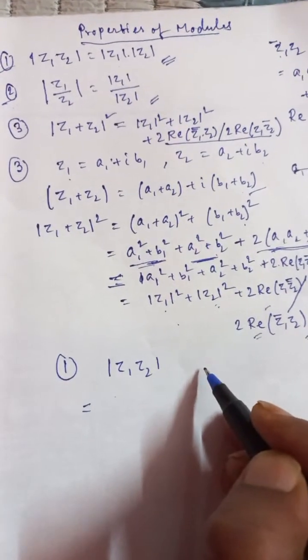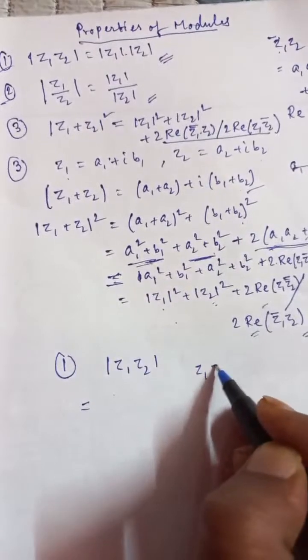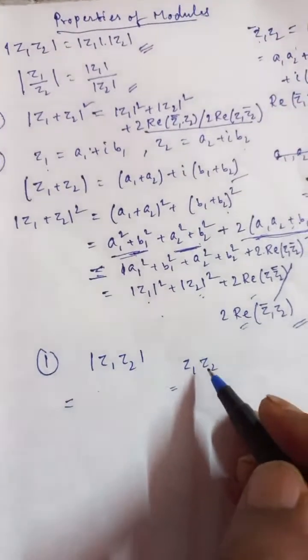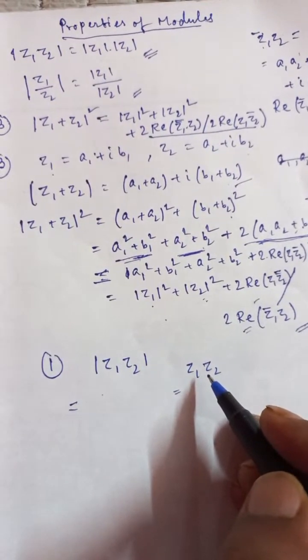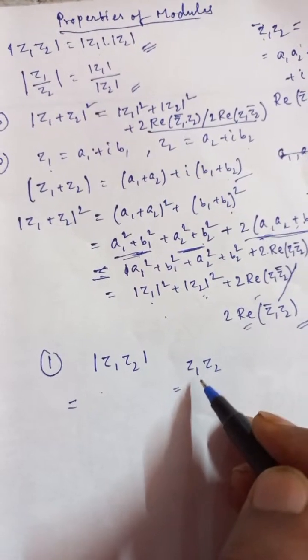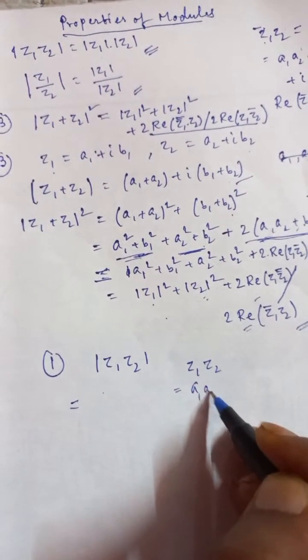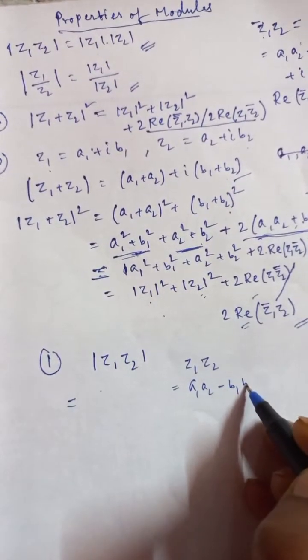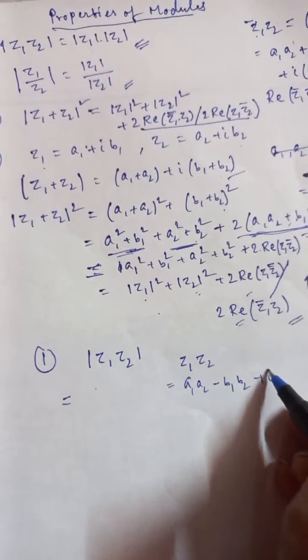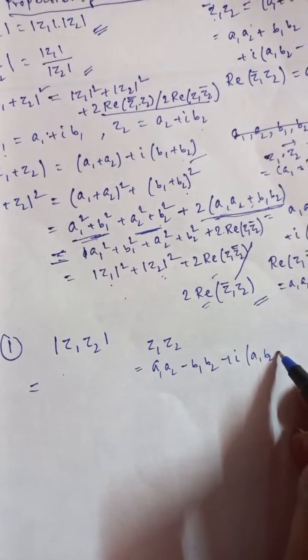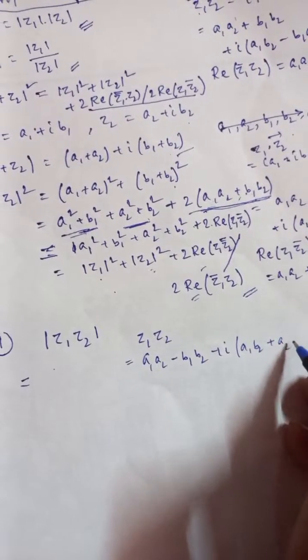So z1 z2 will be a1 a2 minus b1 b2 plus iota into a1 b2 plus a2 b1.